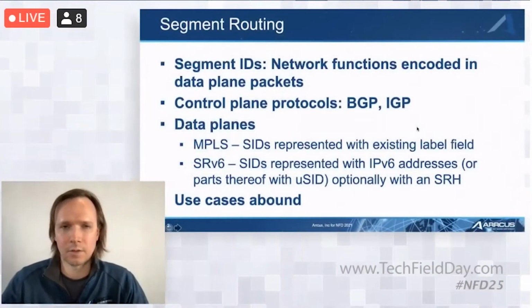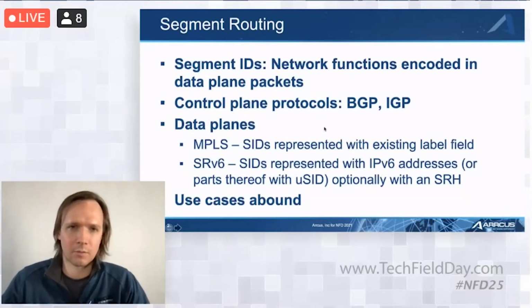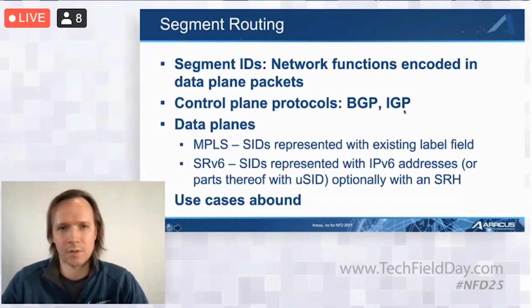this solution. So for those not familiar with segment routing, it's a network paradigm with functions encoded in the data plane packets. Whether it's MPLS or IPv6, the information about these segment IDs is transmitted over the network using existing control plane protocols like BGP or your IGP, in particular for this demo, ISIS.